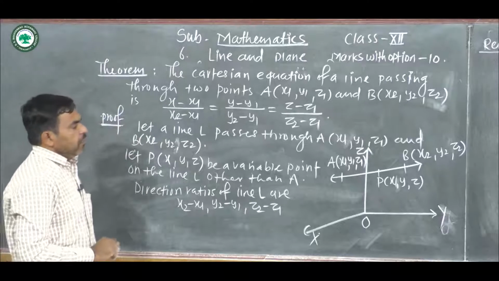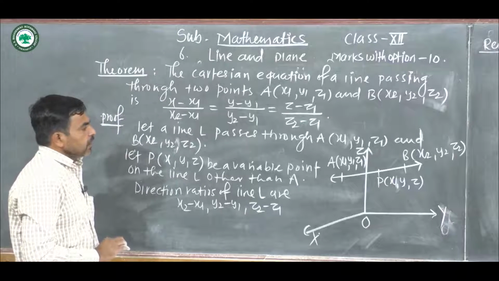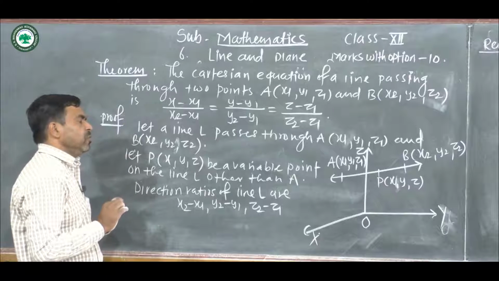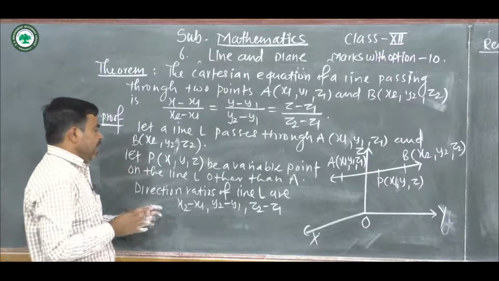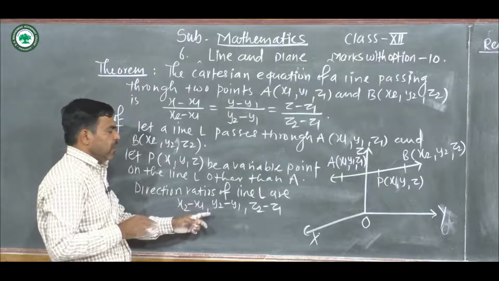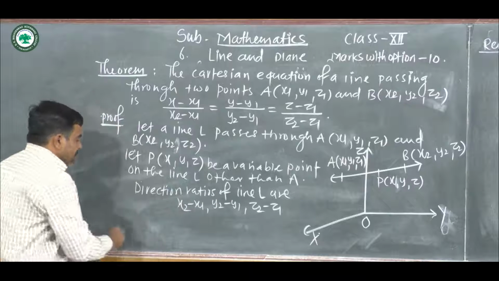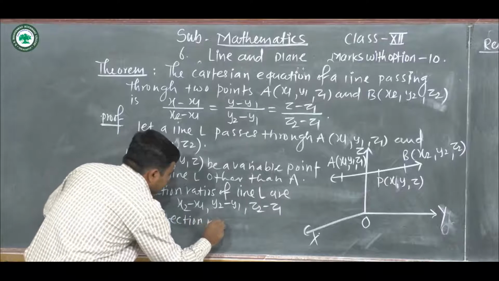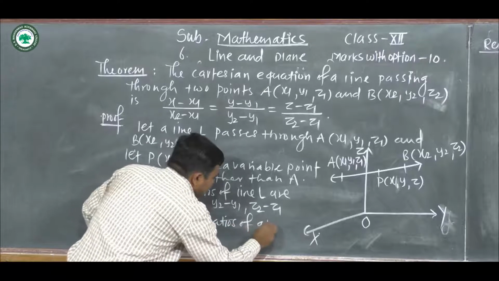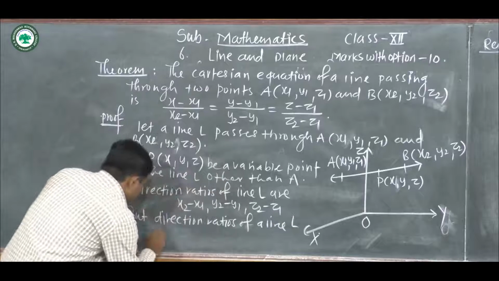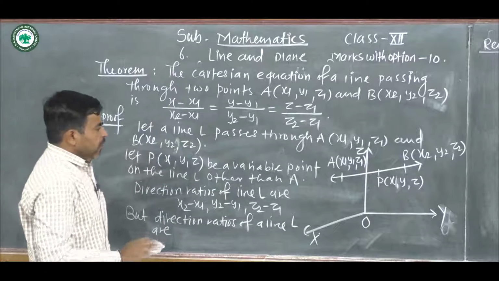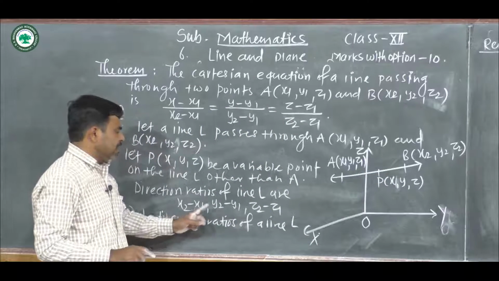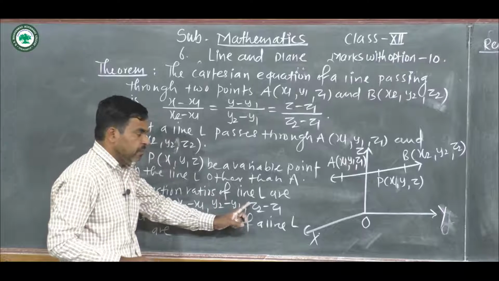Because we know that if a line passes through two points A (x1, y1, z1) and B (x2, y2, z2), then its direction ratios are x2 minus x1, y2 minus y1, z2 minus z1.